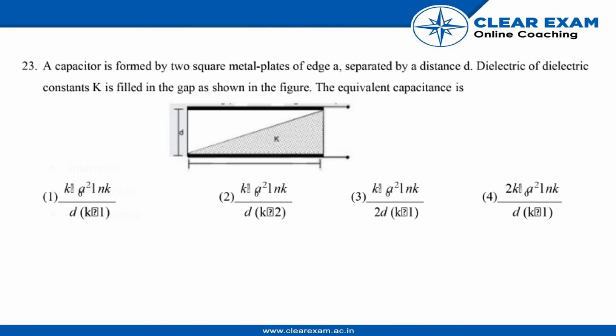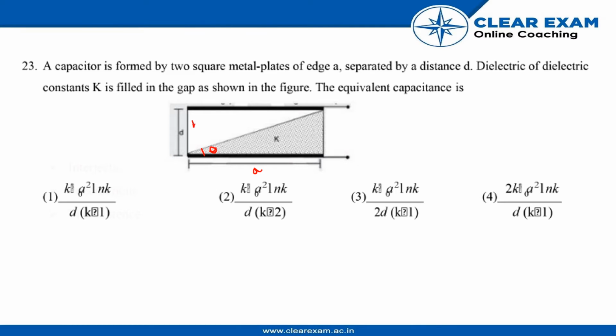we can say that this is a distance, say A, and this can be our angle, a certain angle called theta. So this is the distance d that is separated by two square metal plates.